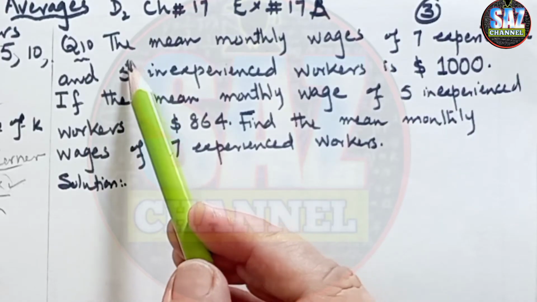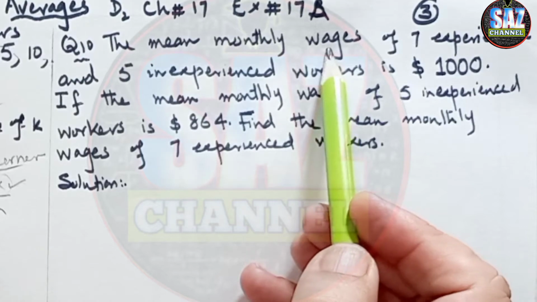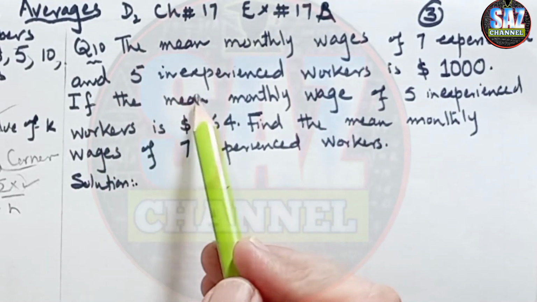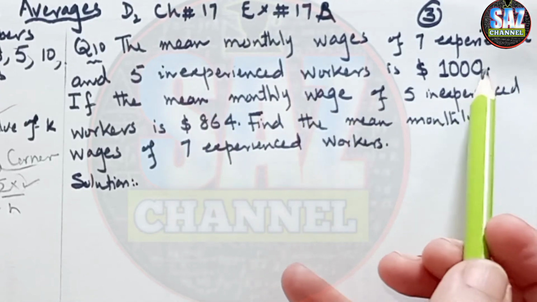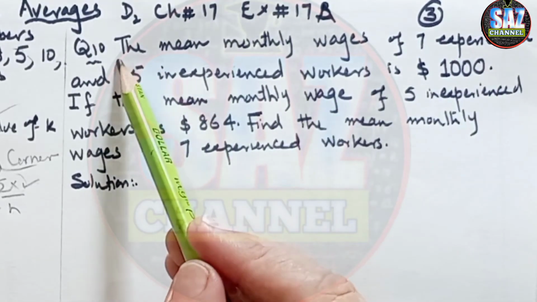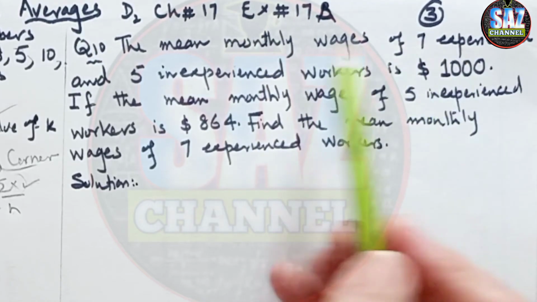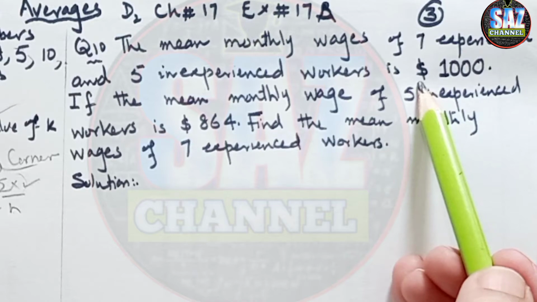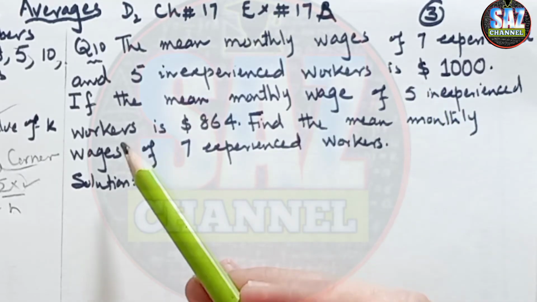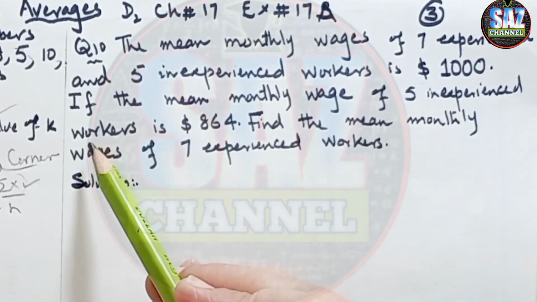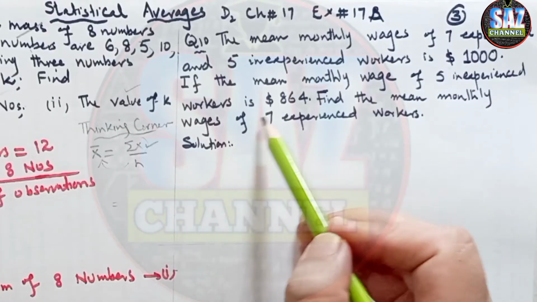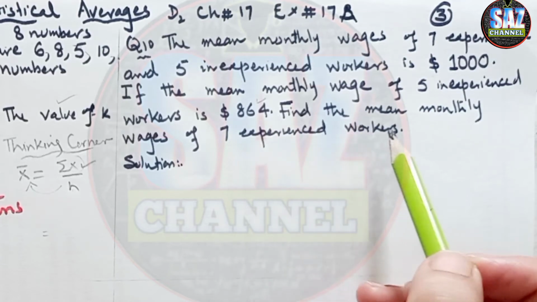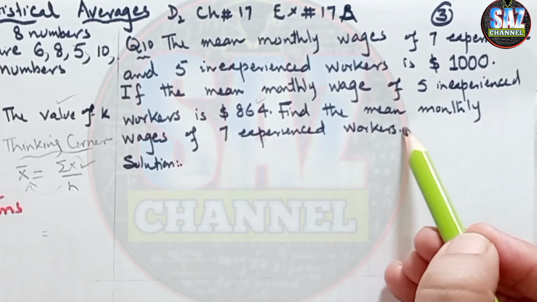Question 10 says the mean monthly wages of 7 experienced and 5 inexperienced workers is $1,000. If the mean monthly wages of 5 inexperienced workers is $864, find the mean monthly wages of 7 experienced workers.